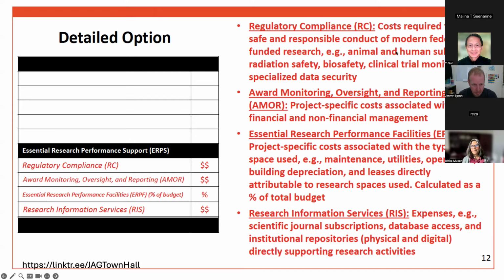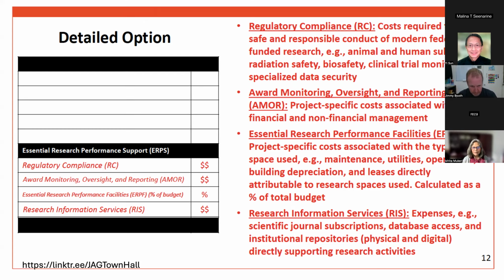So we're talking about costs associated with having animal or human subjects, radiation safety, biosafety, clinical trial monitoring, which doesn't affect us, or specialized data security, right? There's the award monitoring, oversight and reporting. So project-specific costs associated with financial and non-financial management.